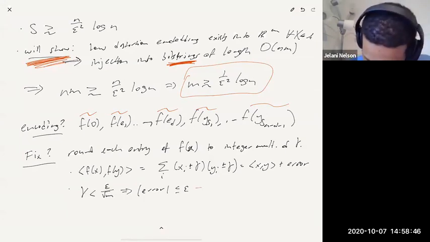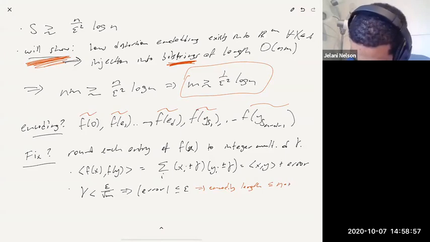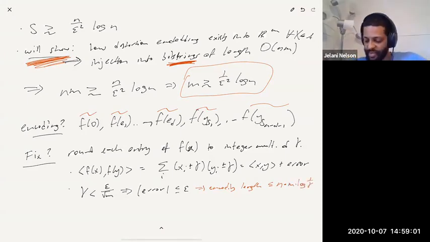So my encoding length is at most n times m times basically log of 1 over gamma. Right? The number of possibilities is 2 over gamma to the m. So to write down which possibility I have takes log of that number of bits, which is m times log 1 over gamma.